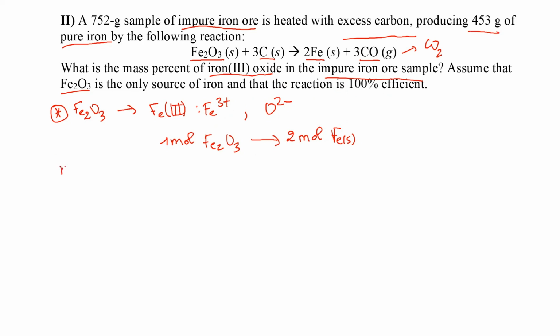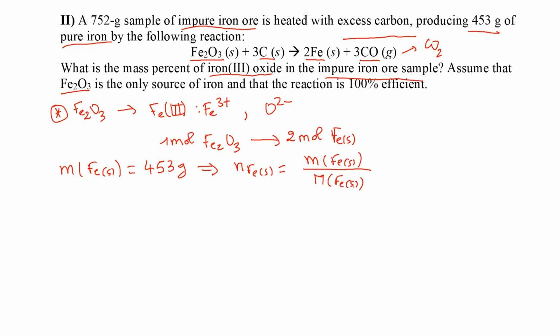So the mass of iron solid produced from the reaction is equal to 453 gram. So we can deduce the number of moles. N of iron solid will be equal to the mass of iron solid divided by the molar mass of iron solid.